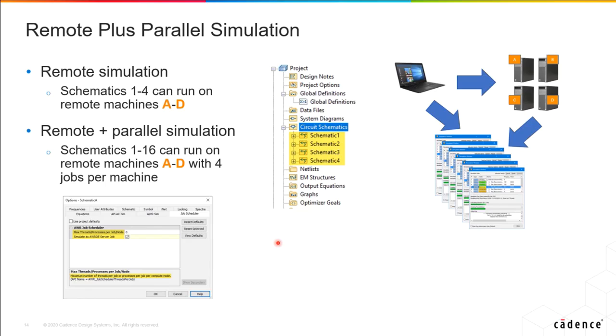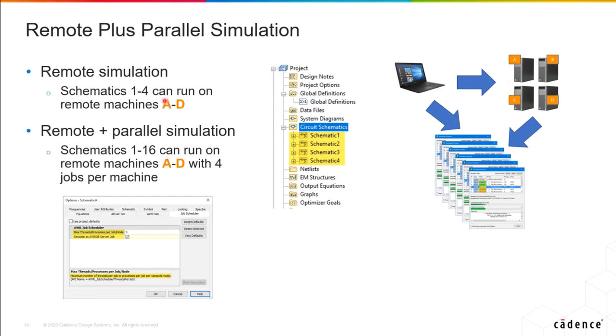However, to show another example, so say we wanted to run multiple schematics, so not just an optimization, but just running these 4 schematics. Say each of these took 5 minutes to run. So if we wanted to get things done faster, we can run it on a remote machine.